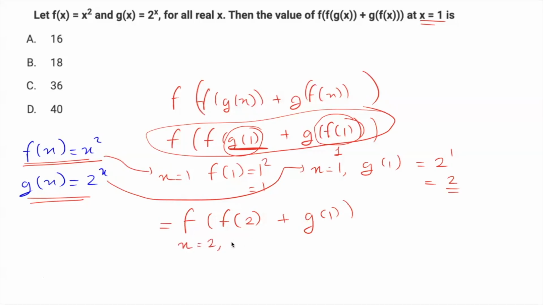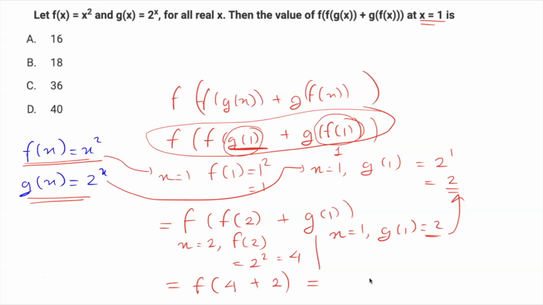When you put x equals to 2, f of 2 is equal to 2 square, which is 4. Similarly, when I put x equal to 1 in g of x, I will again get g of 1 as 2, as already found. Now I substitute both the values. This entire expression would become f of 2 is basically 4 plus g of 1 is basically 2.